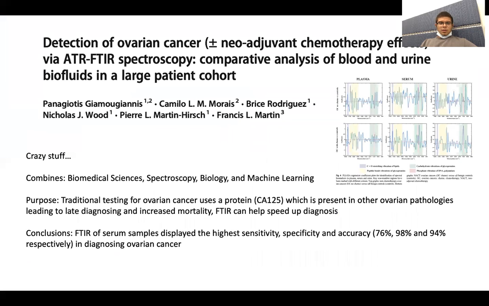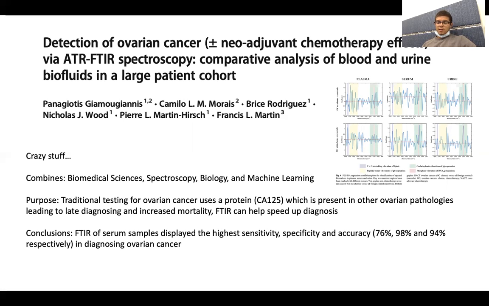Anyway, let's get into this paper here. I thought it was interesting to do something like this for the educational segment, where they actually used FTIR along with machine learning to help diagnose people with ovarian cancer sooner. One of the big problems is that one of the ways they test for ovarian cancer is for serum levels of a protein known as CA125.